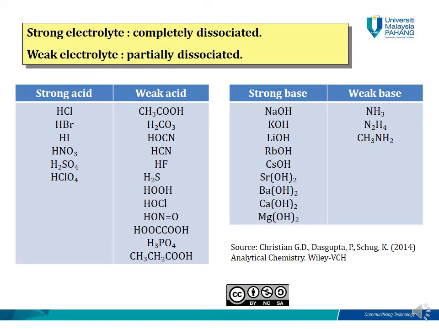So here is the list of strong electrolytes, strong acids, weak acids, and also strong bases and weak bases. You can refer here. There are a variety of kinds, as you can see from the list. What I want to mention here is that a strong electrolyte is completely dissociated. When we talk about acid or base, both must be dissolved in water.